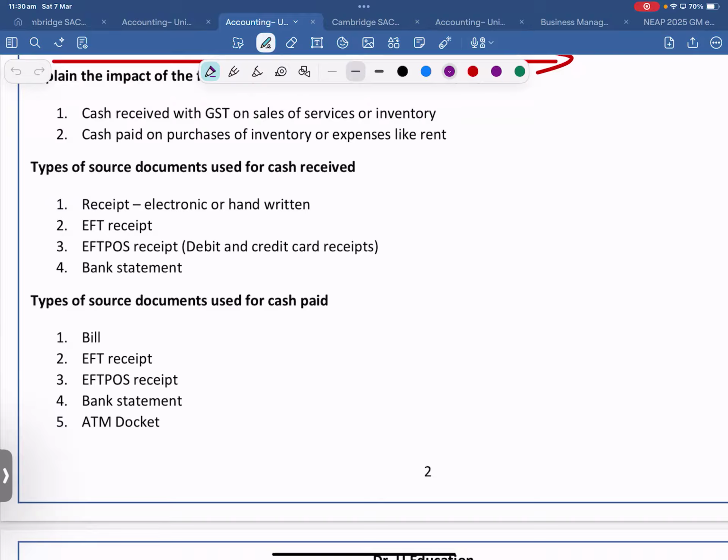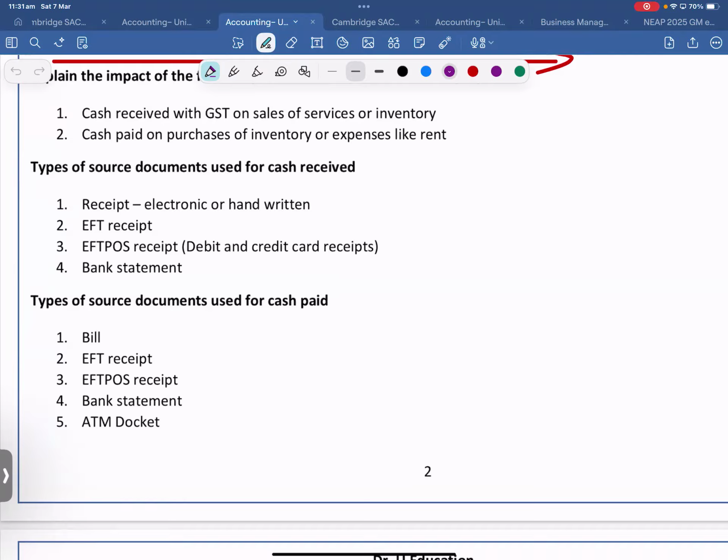You have collected the GST as the seller. As the buyer, I have paid GST. So the same source document can work for both cash received and cash paid. For the buyer, it's a cash payment, but still he has received a receipt. The seller still issues the receipt.